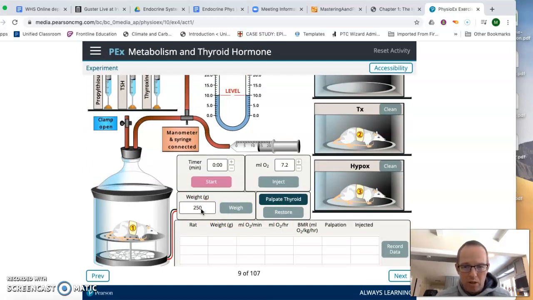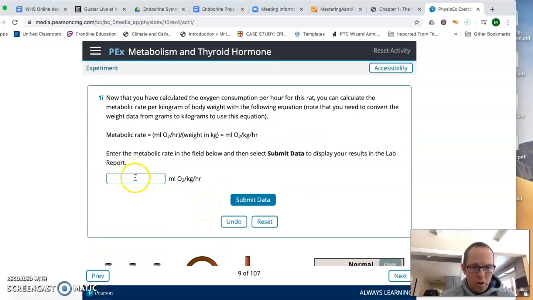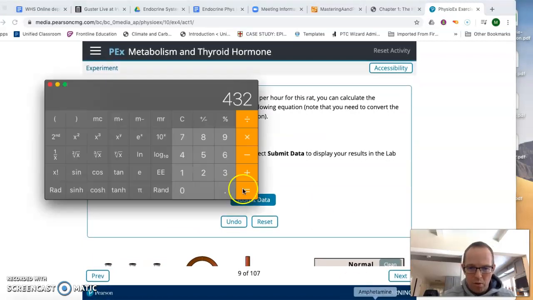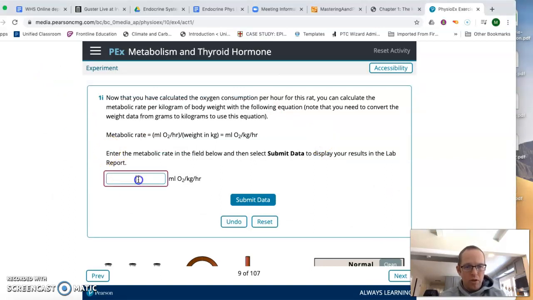And if you've done some basic math over the years, you know that 250 grams is going to be 0.25 kilograms because there's 1,000 grams in a kilogram. So we're going to take 432 and divide by 0.25. And so this is our basal metabolic rate, 1,728 milliliters of oxygen per kilogram per hour. And so we're going to submit that data.